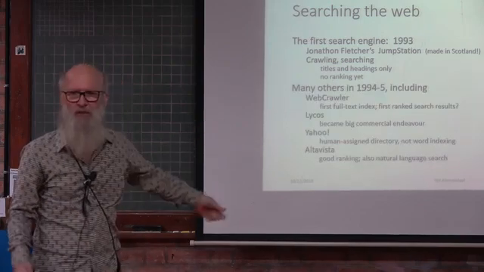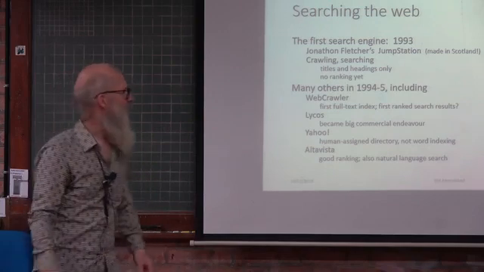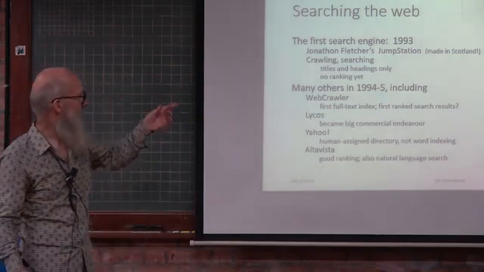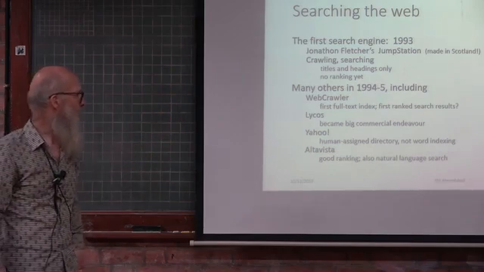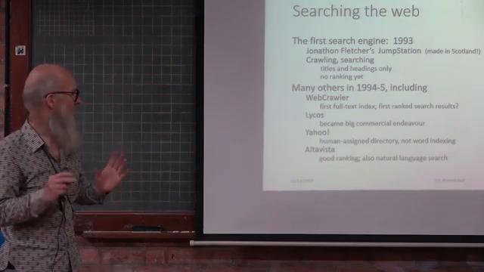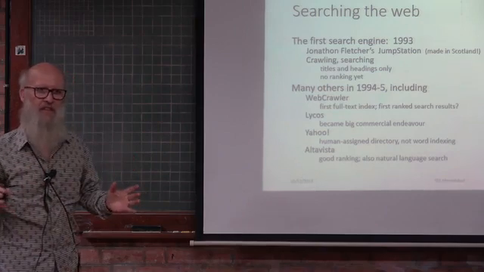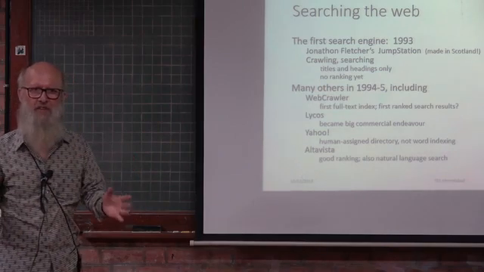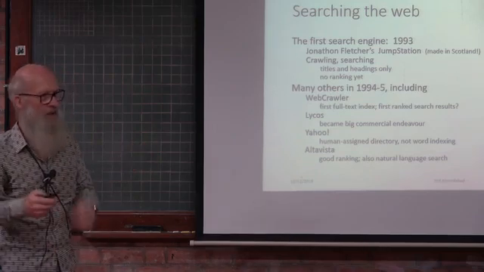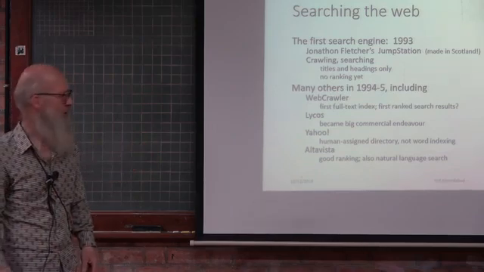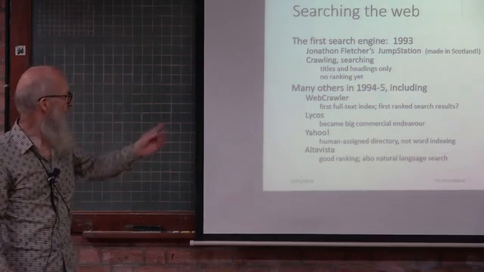But it wasn't very long before there were a lot more search engines. So in those 2 years, there was a system called WebCrawler, which I believe was the first full text indexing, that is, it crawled the entire text of each web page, and I believe also the first to give some kind of ranked search results, although they were not very good. There's a company called Lycos.